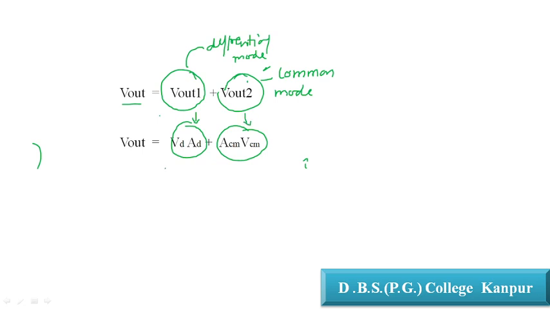So the final output of any operational amplifier is a combination of both: Vout equals Vd into Ad plus Acm into Vcm. That is the final output.